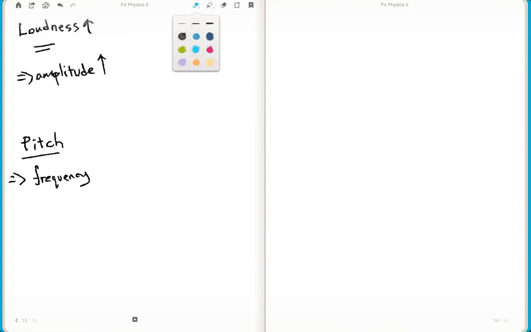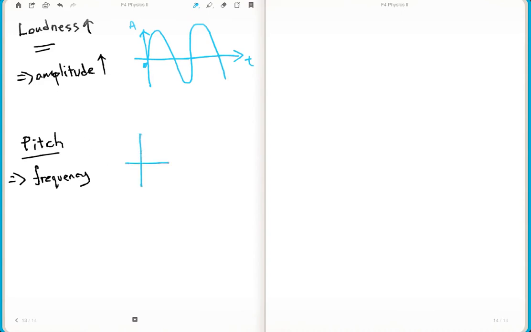If you put it in a graph, it illustrates it better. It will be amplitude versus time, perhaps. Here, from zero, very high amplitude, low frequency. For pitch, it is about frequency. Same axes, amplitude versus time.